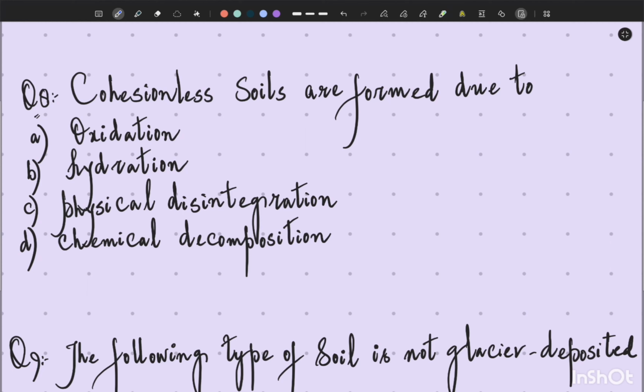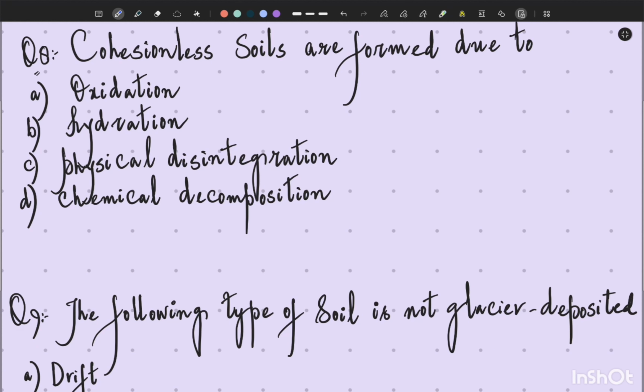During physical disintegration, certain changes happen, like temperature changes, wedging action of ice, spreading of roots of plants, and abrasion. All these processes lead to disintegration of the rock minerals, and we get soils.